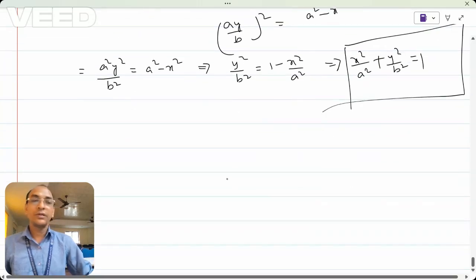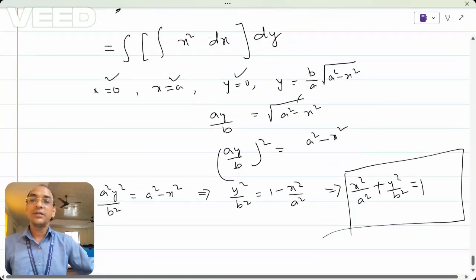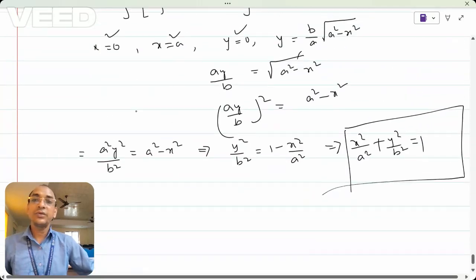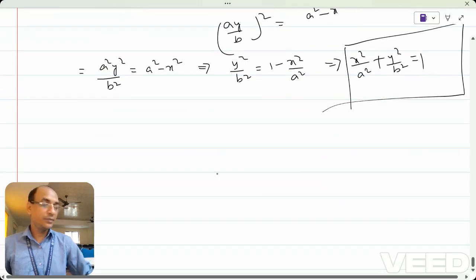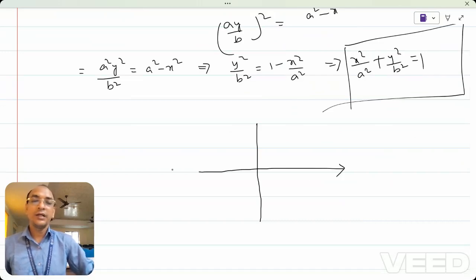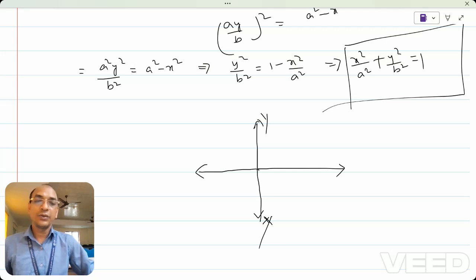So let us draw the thing. What are the things we need to consider? x equal to 0, x equal to a, y equal to 0, and another ellipse. So this is my y axis, this is my x axis, and this is origin.